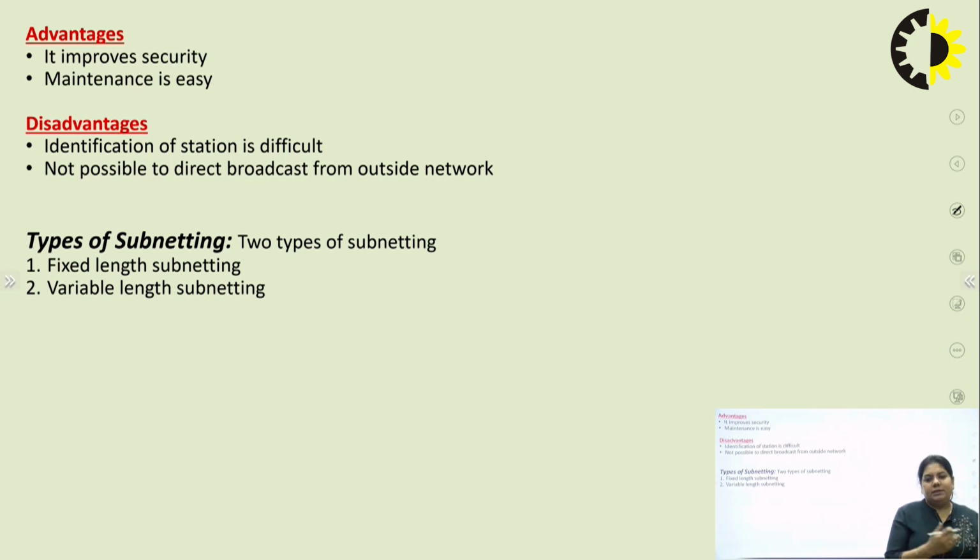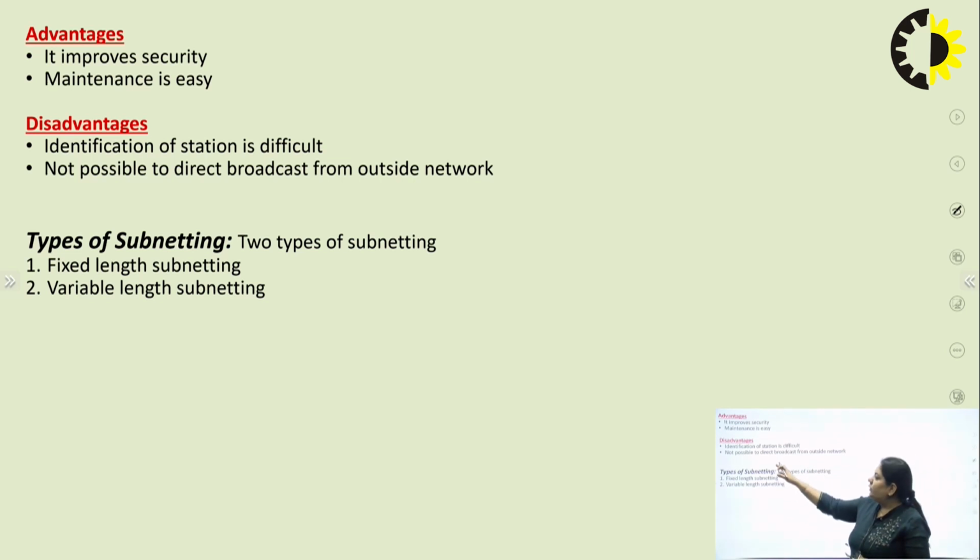In one part his uncle is there, in another part his grandparents are residing, so you do not know where to deliver that gift. Similarly, here is also the problem. A packet arrives at the station, and it does not know to which sub network that station belongs. So identifying that station is a very difficult task.